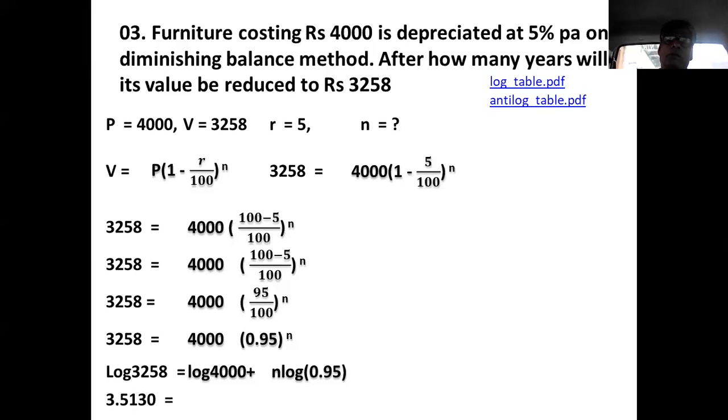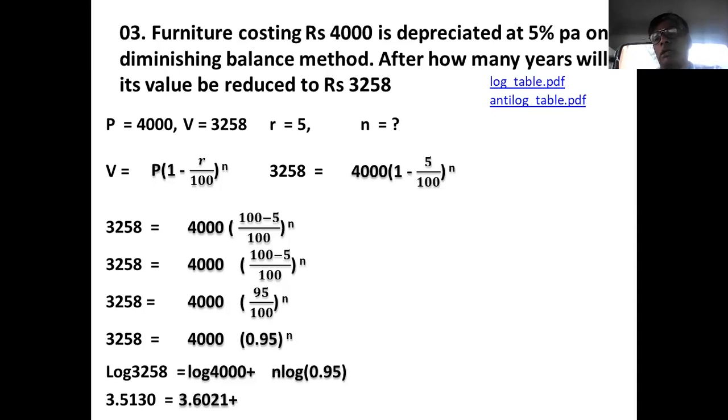Then 4,000 means 4-digit number, characteristic is 3. You see in the 40 0 column, its value is 3.6021. Clear? Then plus n.